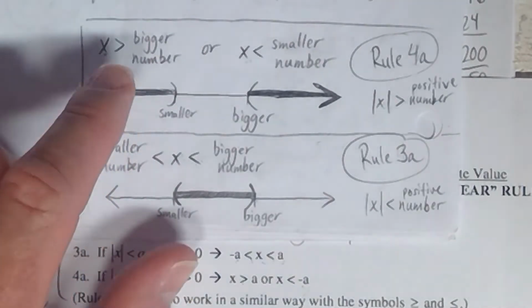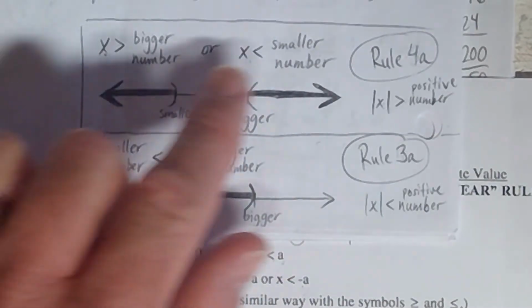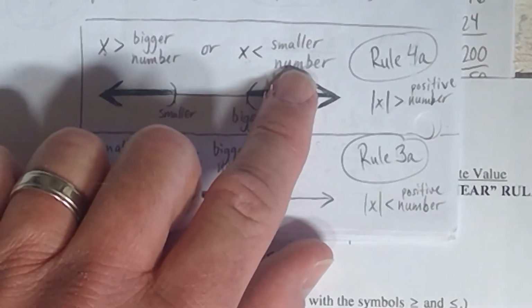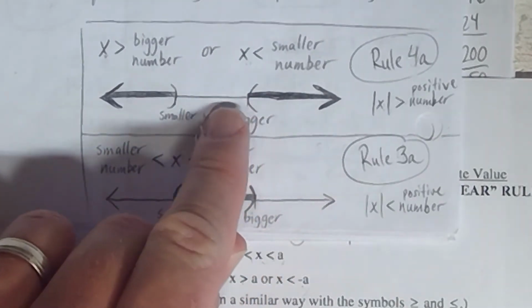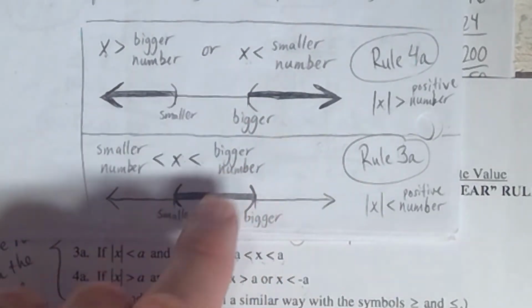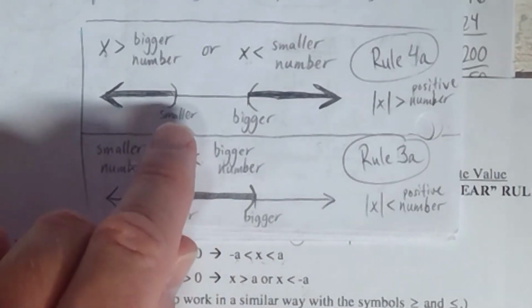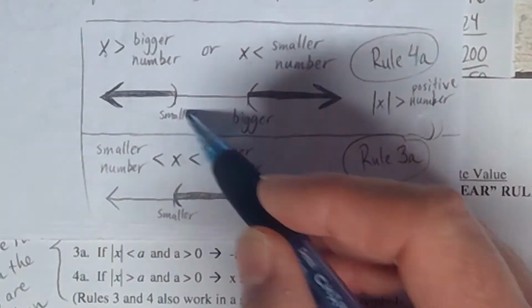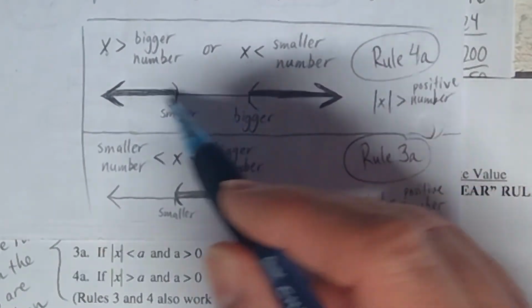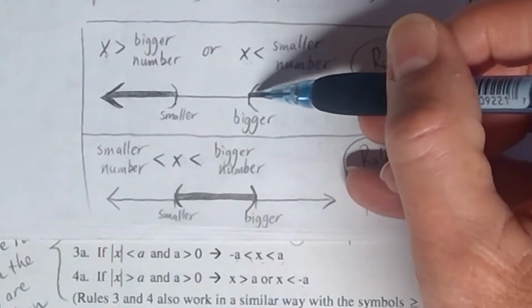So when it's like this, if you do it correctly, it should come out like this. You will always shade the first and the last interval, but not the middle one. Exactly the opposite of rule number 3. You just bring down your two numbers, smaller and bigger, and shade them. You figure out your brackets.